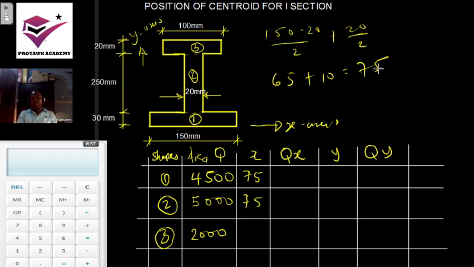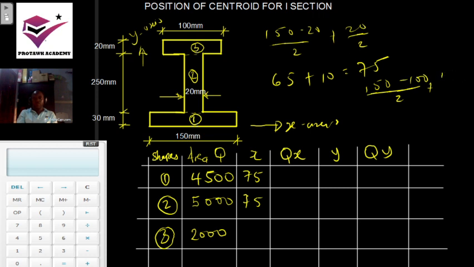So the last one, which is the third shape, we have at the top, we have 150. This one will be 150 minus 100 over 2 plus 100 over 2.